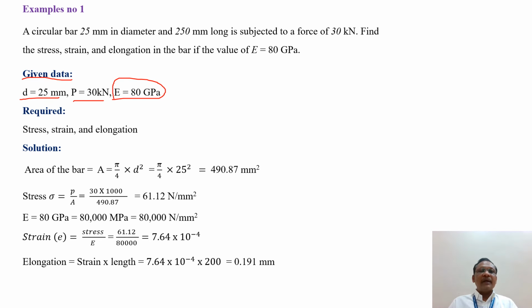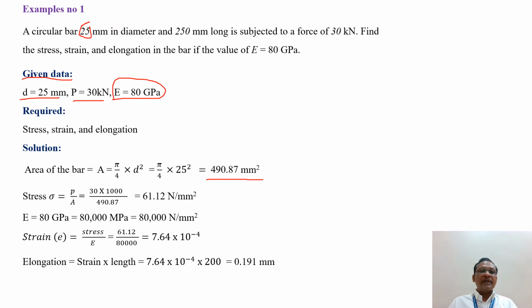What is required? In the statement of the problem, it is mentioned that stress, strain, and the elongation are required. First of all, you calculate the area of the bar. The bar is circular, so the area is equal to pi by 4 d square. Substituting the value of d, that is 25 mm, we get the area of the bar as 490.87.